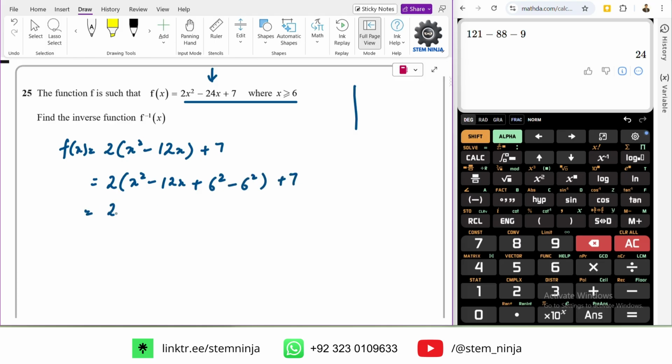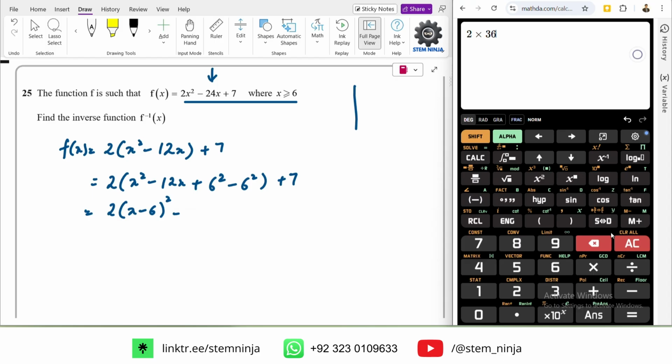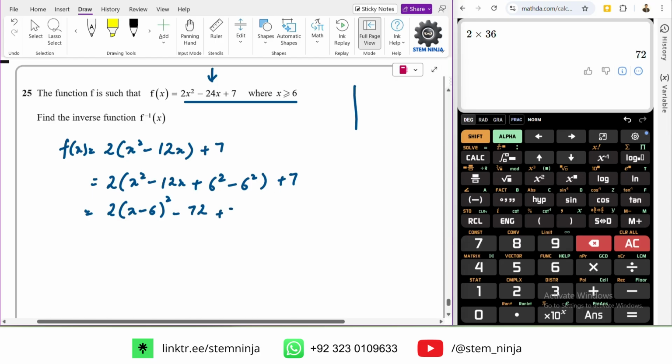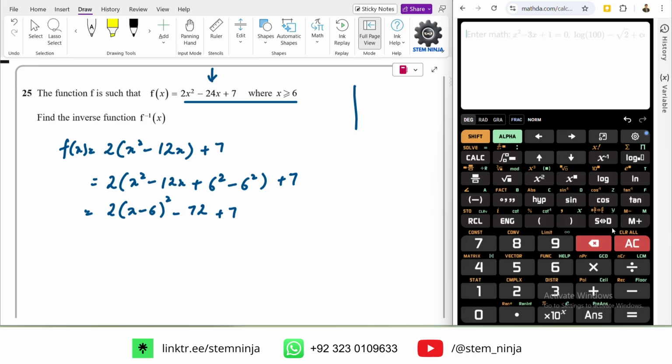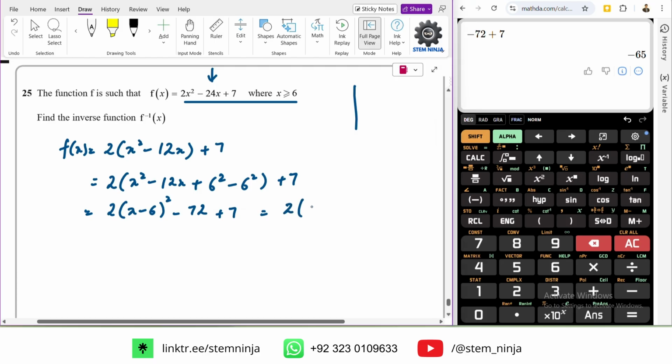So this would be 2 times x minus 6 whole squared, minus 2 times 36, 72, plus 7. So minus 72 plus 7 is minus 65. So this is 2 times x minus 6 whole squared minus 65. Remember, this is where the x greater than 6 is coming from.